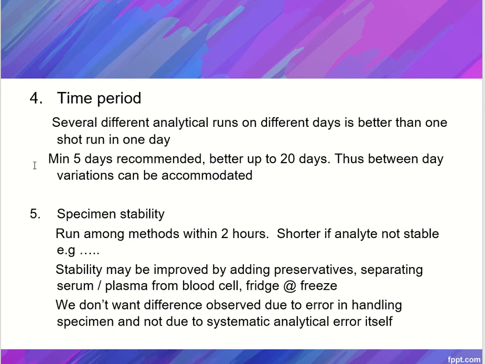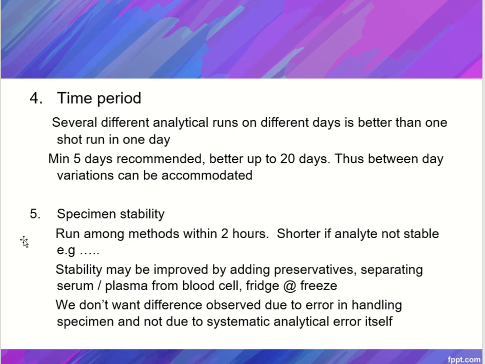So if you have much longer time or much budget, you can do 20 days. But if you have constraints on time or operators, then 5 days is acceptable. Thus, between-day variation can be accommodated.